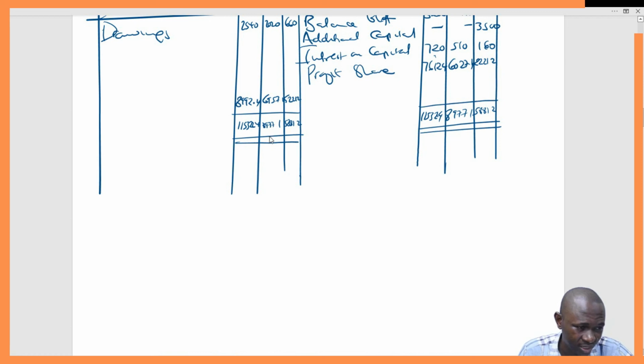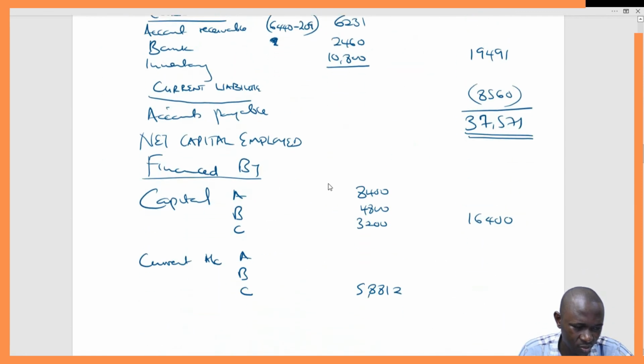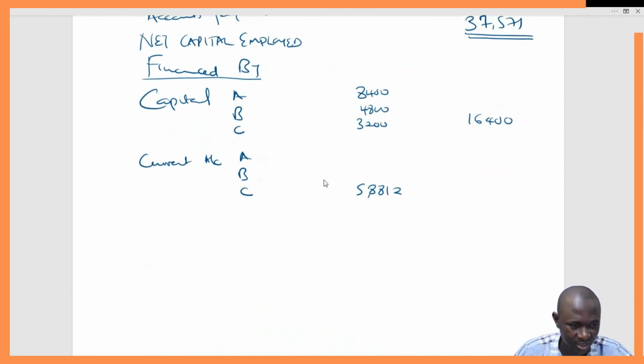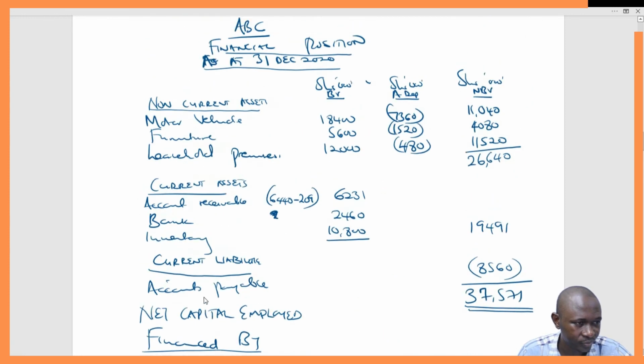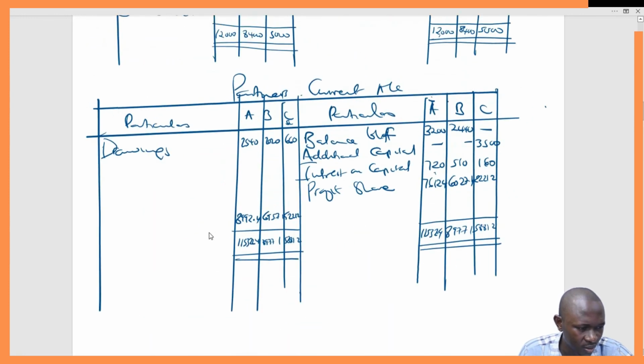So 8977.1, though it is always best if it balances. And then for A, it's 11,532. Not getting this figure right. Oh, I'm picking wrong figures. Sorry. The figures we're supposed to be picking are these ones.